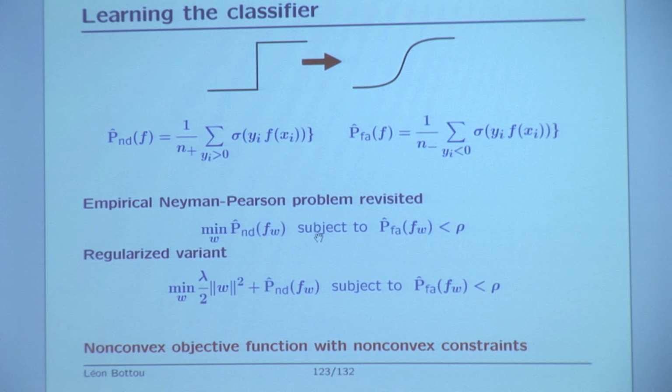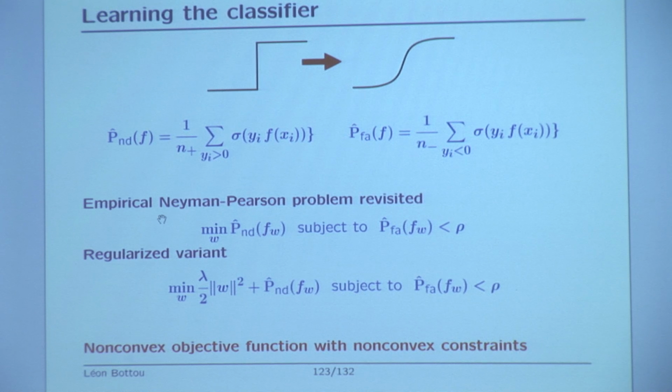And you write the same function, but you replace the step function by these sigmoids. So now you have a smooth function, something you can optimize. It has a gradient. So we like that they have gradients. And you can write an empirical form of the Neyman-Pearson problem: minimum of this smoothed probability of non-detection, subject to the smooth probability of false alarm less than rho.